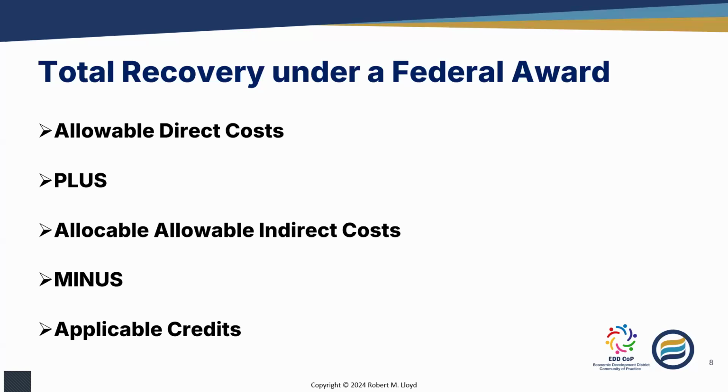So before you ultimately settle up on an award, things like rebates, program income, other kinds of arrangements such as that have to be deducted from the claims that ultimately are made for the projects or programs that you're administering.